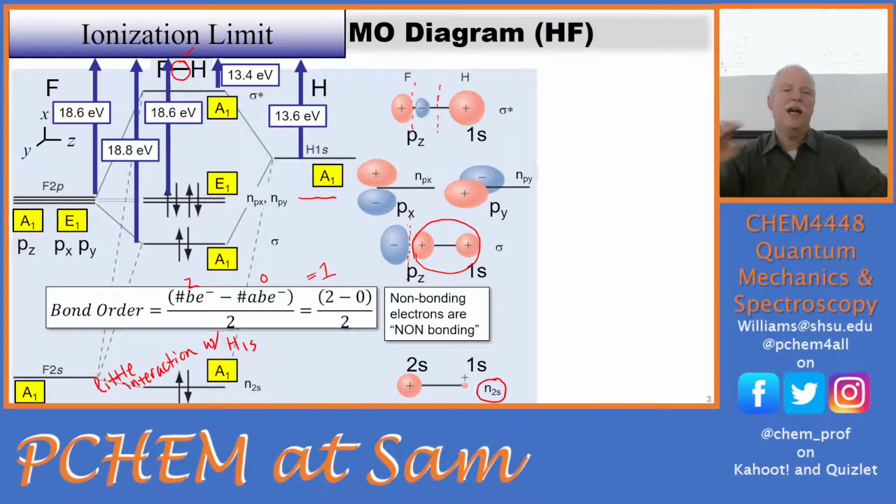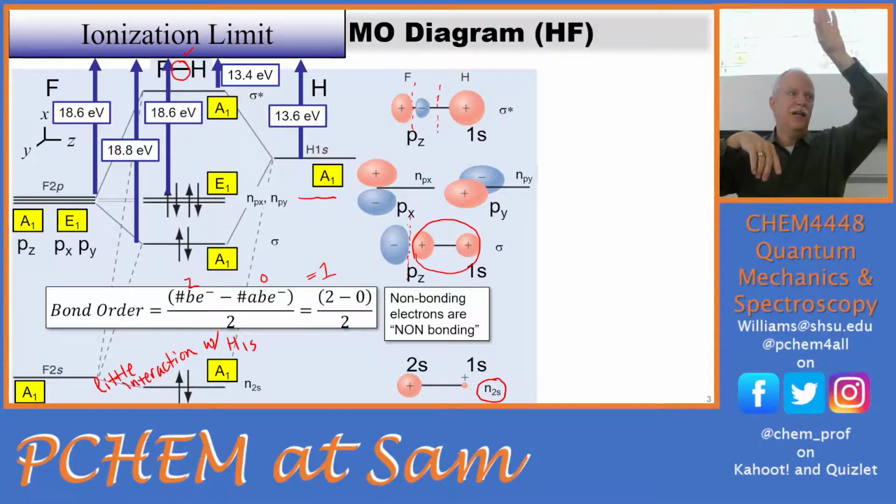And then we can actually, through a process called shake-up, sometimes you see a peak in the X-ray or UVPS that has a lot lower kinetic energy, or a lot higher kinetic energy than you expect, and it's because 2 electrons have absorbed the X-ray, and one has ended up in the excited state, and one has taken off some of that excess kinetic energy.